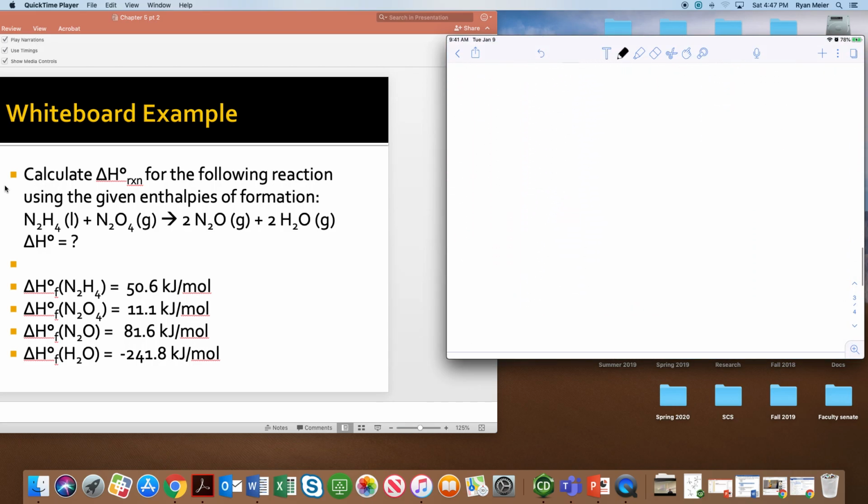get some clear whiteboard space here to set it up. To show this, our delta H for the whole reaction is going to be the sum of all of our enthalpies of formation for our products minus that same sum for all of our reactants.